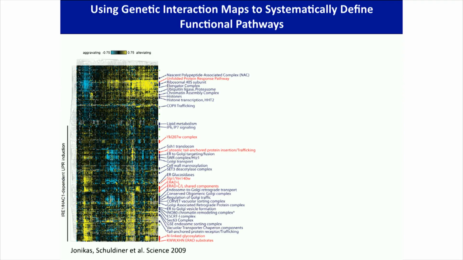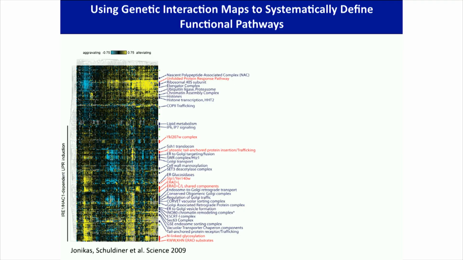So you can see these sets of genes have a similar pattern of buffering, of aggravating interactions with this set, and they end up having very similar function. And similarly, you can see this set has the same pattern of positive interactions.